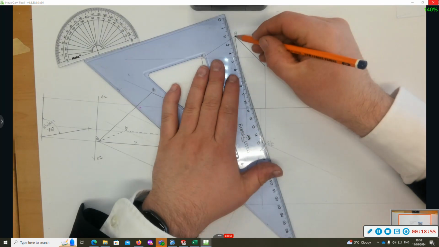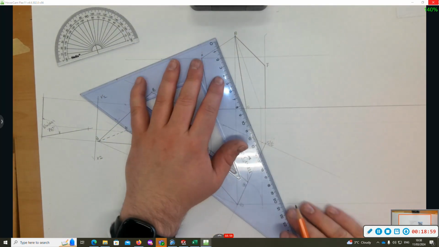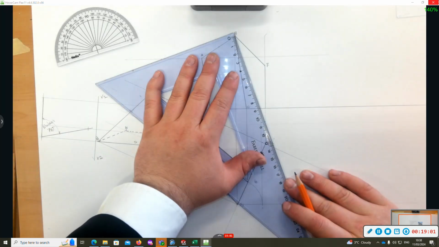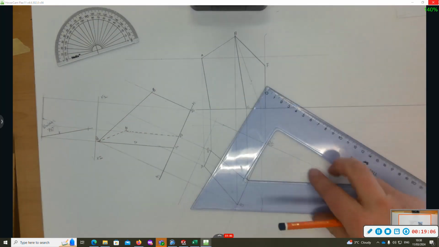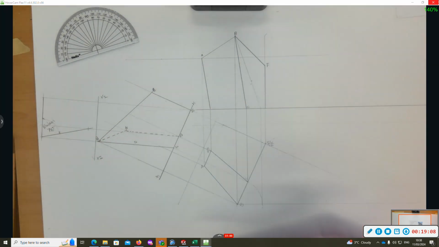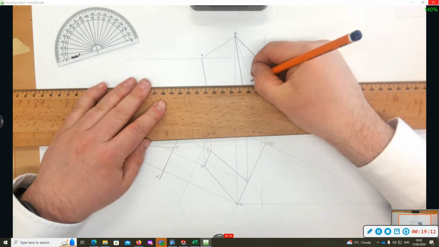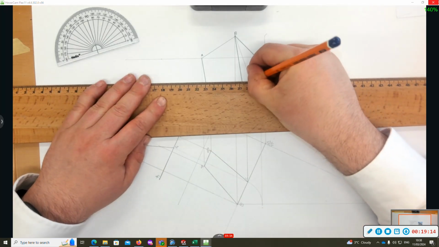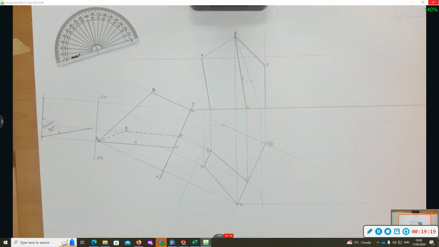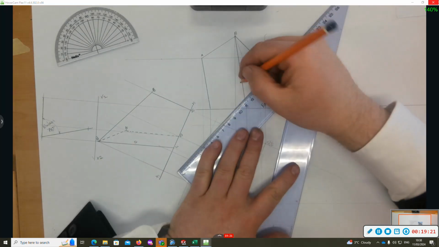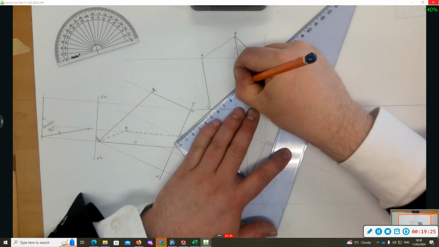Here's the true length of B to C. Then you can mark 55 along that line, and you can simply bring it back to elevation. So there's point P, and then join D to P. So this is D. So join D to P in elevation.